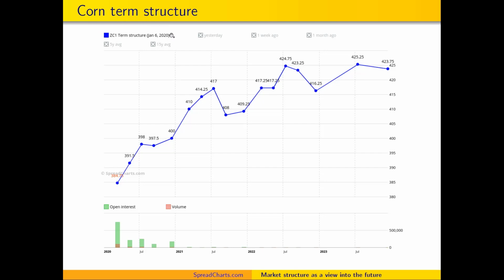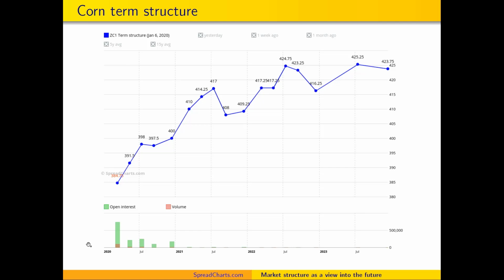It is, therefore, crucial to realize this chart shows the state of the market at some point in time. Think about it as a market snapshot for some commodity, which is corn in this case. And the small subchart below shows the open interest and volume.